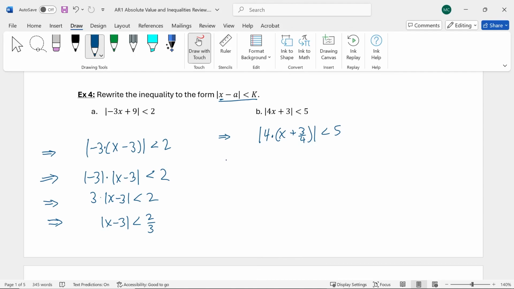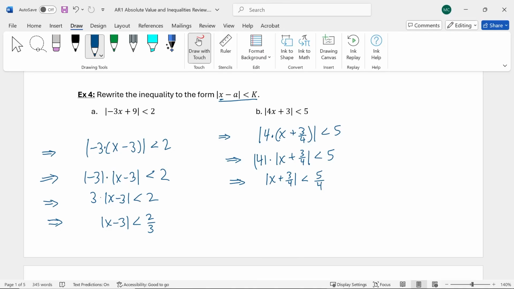Now I'm going to split up my product on the absolute value. That's the absolute value of 4 times the absolute value of x plus 3/4 less than 5. The absolute value of 4 is 4, and I'm going to divide it. So I'm going to combine those two steps together this time. This is less than 5/4.